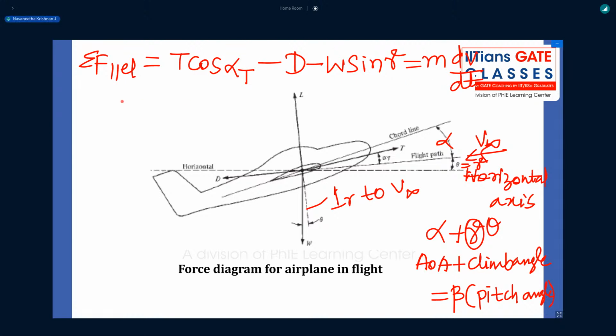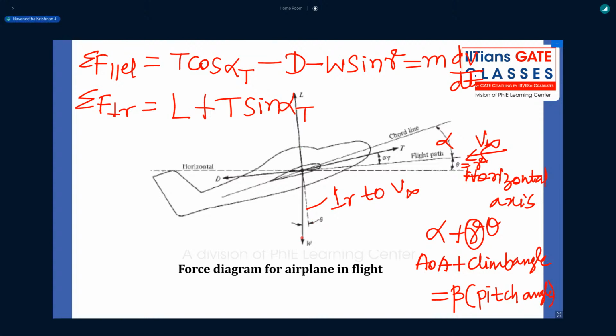If I do the same summation of forces perpendicular to free stream velocity direction, what happens? First, there is a lift which is acting perpendicular to the free stream velocity direction. So lift. If I resolve thrust, it is away from the angle, so it becomes thrust sin alpha t, which is also in the same direction of lift. So it is plus thrust sin alpha t.